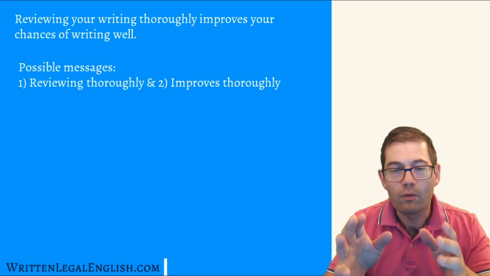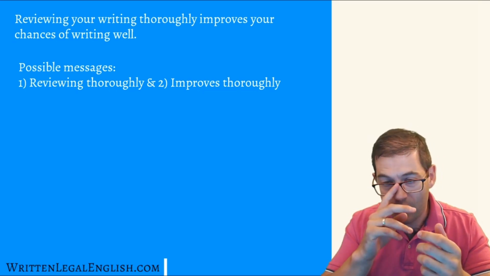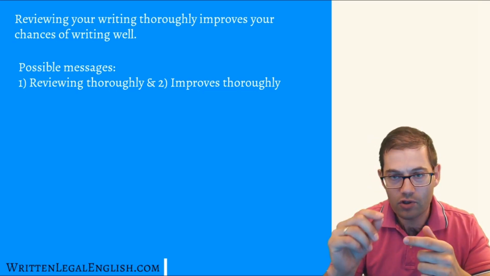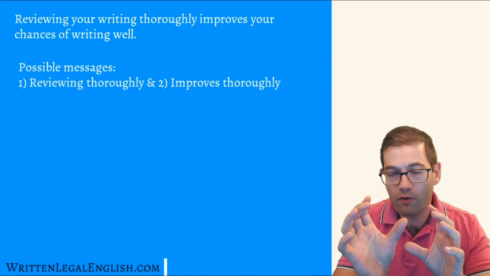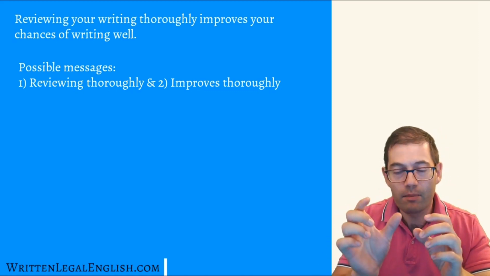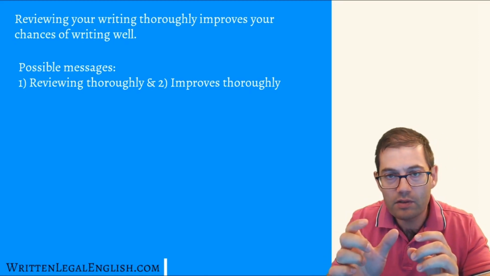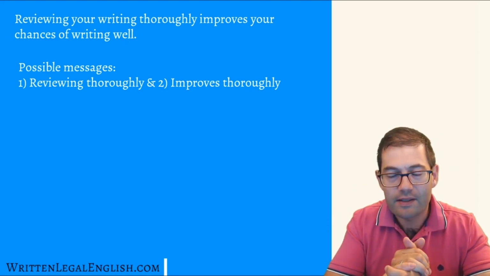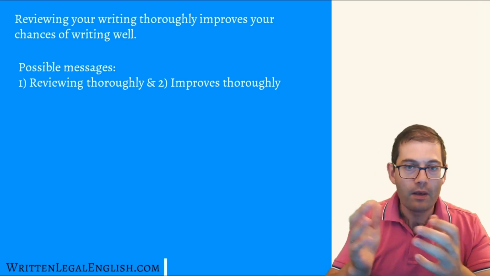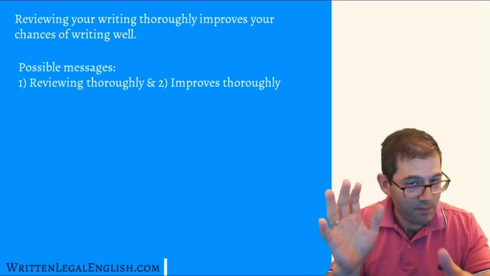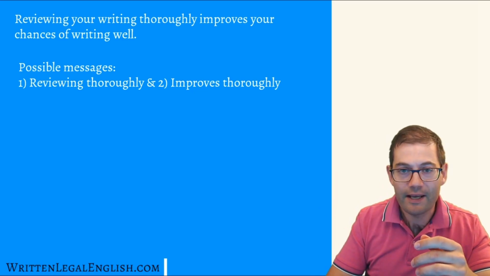And once again, we can use the same solutions as we did beforehand. We can either introduce a comma before or after thoroughly to clearly put thoroughly in one of those clauses, or we can redraft the sentence completely to communicate what we want to say. I'm not going to show you those examples because there are many different ways that you can rewrite that.